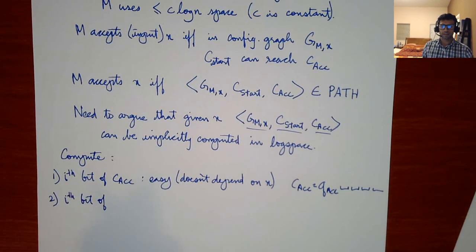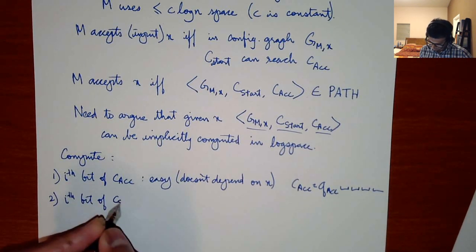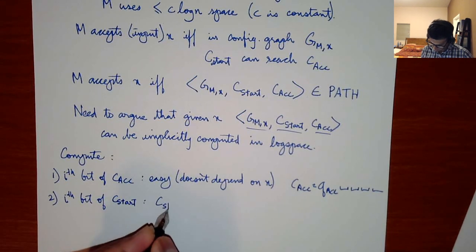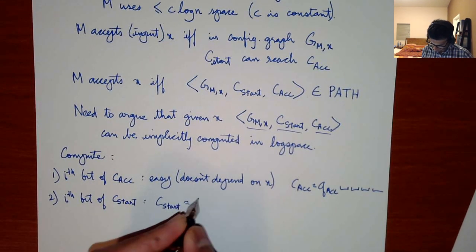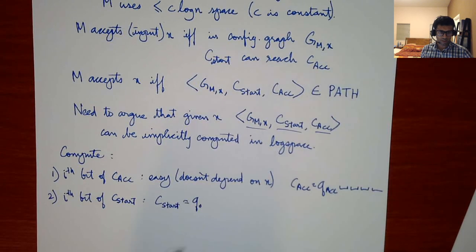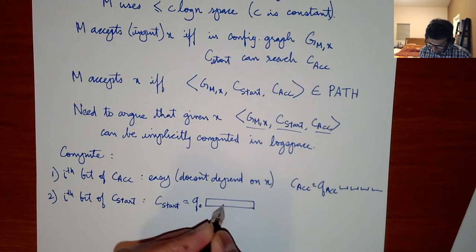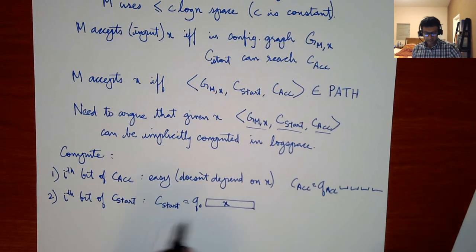So what about the ith bit of C start? Now remember that C start is going to be Q0, which is the initial state, and then just x. So the ith bit is easy to compute given x.